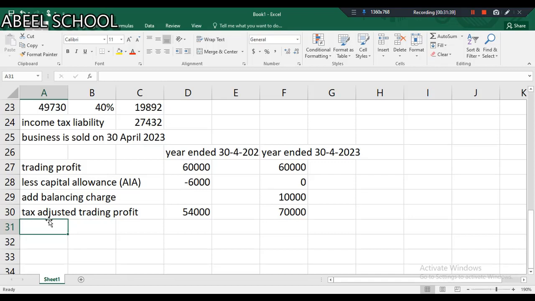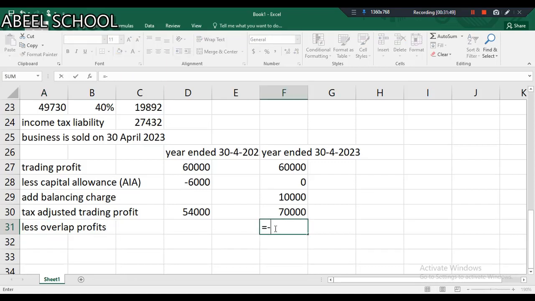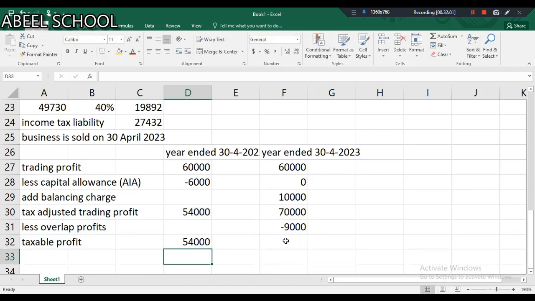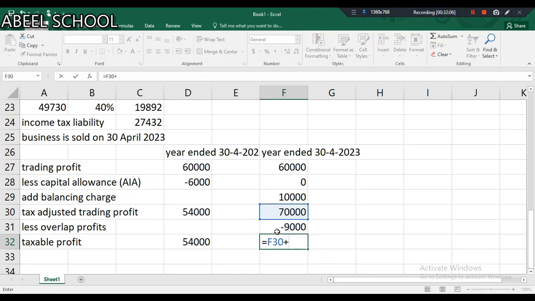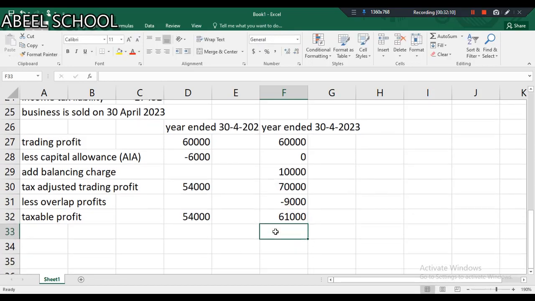So let us deduct overlapping profit, which is 9,000. So taxable profit is 54, and over here, taxable profit is 61,000.